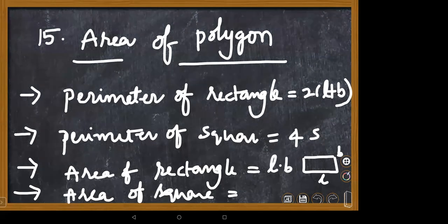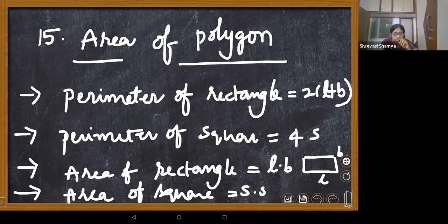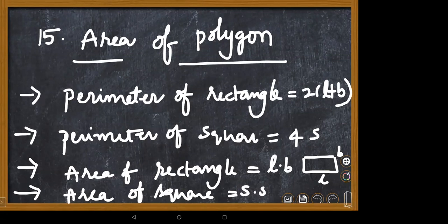Yes. Satvik, what is area of a square? Ma'am, S into S. I was not able to unmute that time. Okay, I understand. S square. Ma'am, we can say S square or actually S into S. Now next question to Sahasra. Sahasra, are you there? Yes, ma'am. I want units for area, Sahasra.